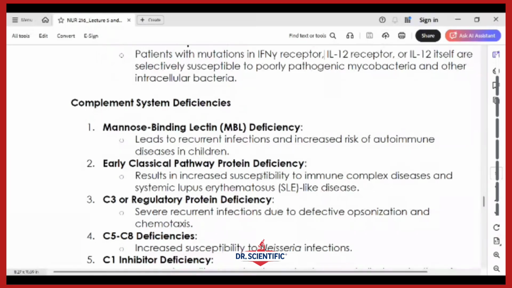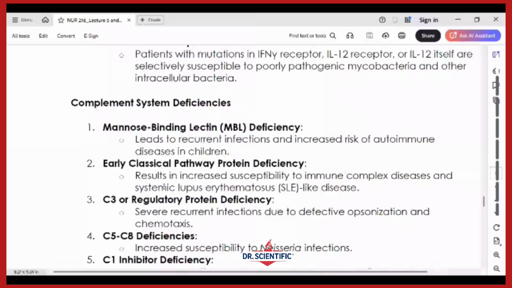Early classical protein pathway deficiency. These are susceptible to immunocomplex diseases, and individuals, especially with systemic lupus erythematosus, are likely to have this deficiency. Remember the classical pathway, where there is usually a normal level of C3 being broken down, then this C3 again is activated by C4, which is broken down to C4B and C4A.